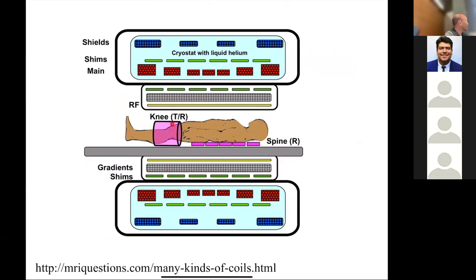And then there can also be what we call localized coils. This could be a coil that you put just around the knee. And you could also have coils along different body parts. The T here means transmit and the R is receive. So this would be a transmit receive coil, this would be a transmit receive coil, and the R means these are receive only.